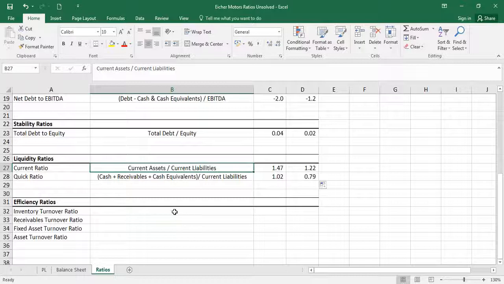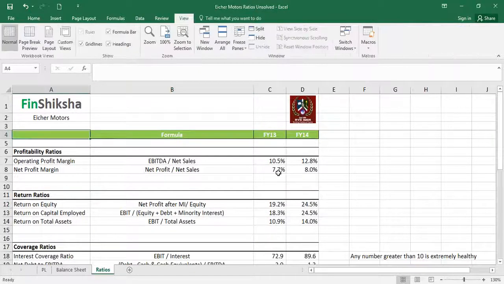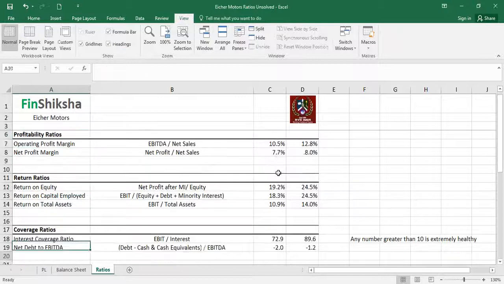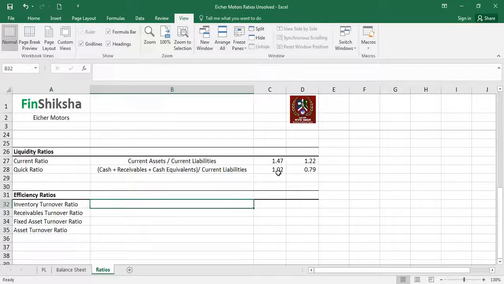Next, we move on to efficiency ratios, which is inventory turnover ratio, receivables turnover ratio, and fixed asset turnover ratio. Same formulas, we'll keep putting the formulas here and calculate the numbers downwards. So let's put in inventory turnover ratio, receivables. Remember, in our discussion, we had said that we will probably use sales everywhere.